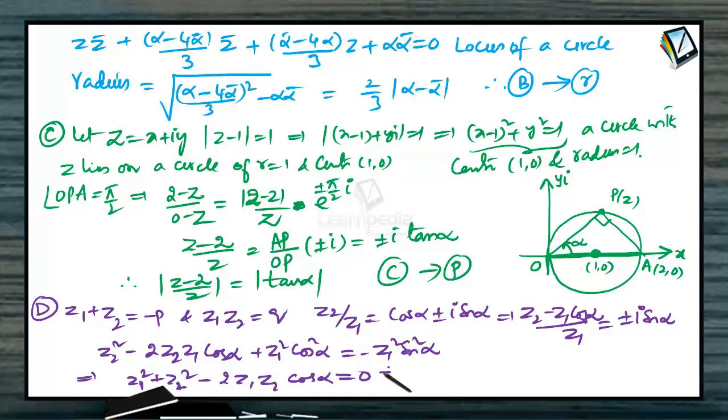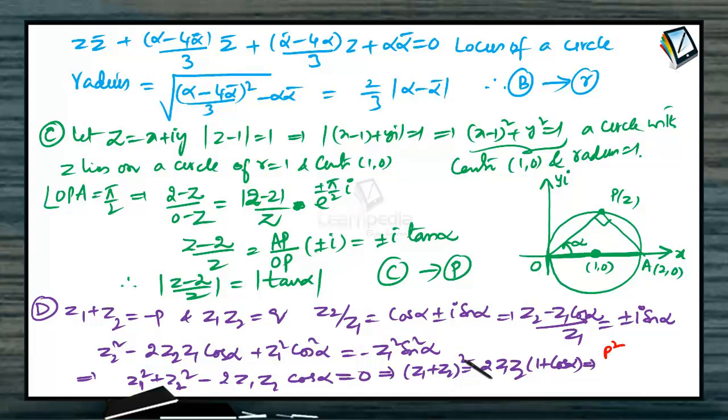Therefore, (z1 plus z2) whole square is equal to 2 into z1 z2 into (1 plus cos alpha), taking z1 z2 common. So if you substitute z1 plus z2 as p square, then obviously this becomes p square.